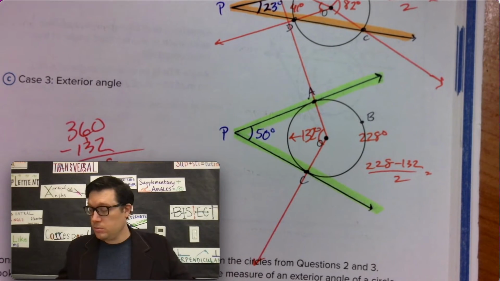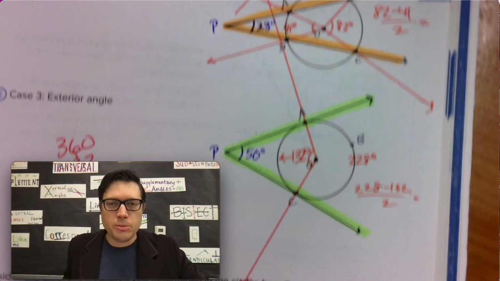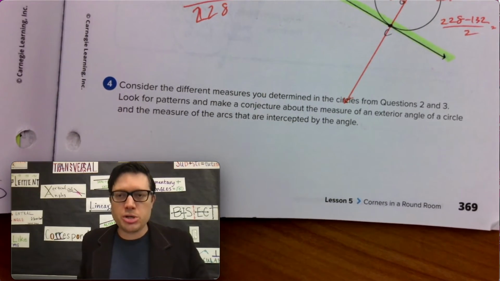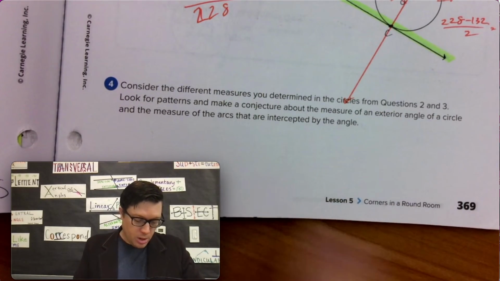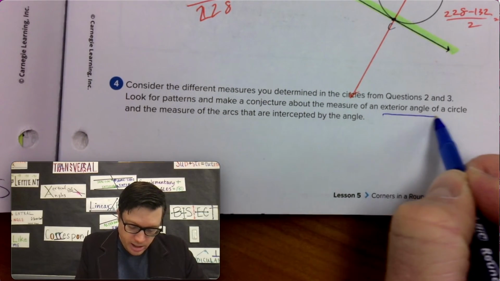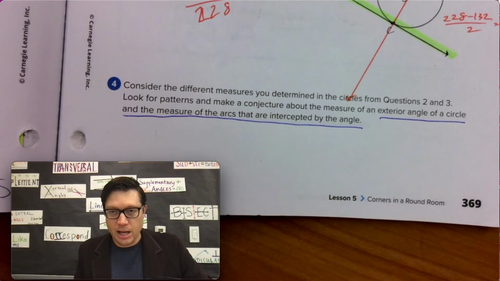All right. Now, truth be told, I'm human. I probably made a human mistake along the way, but that is supposed to be the actual exact relationship. Consider the different measurements you determined from questions 2 and 3. Look for patterns and make a conjecture about the measure of the exterior angle of a circle and the measures of the arcs that are intercepted by that angle.